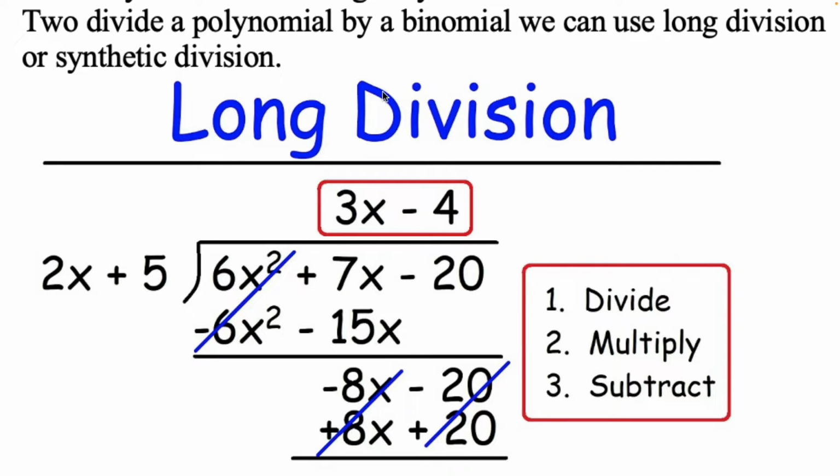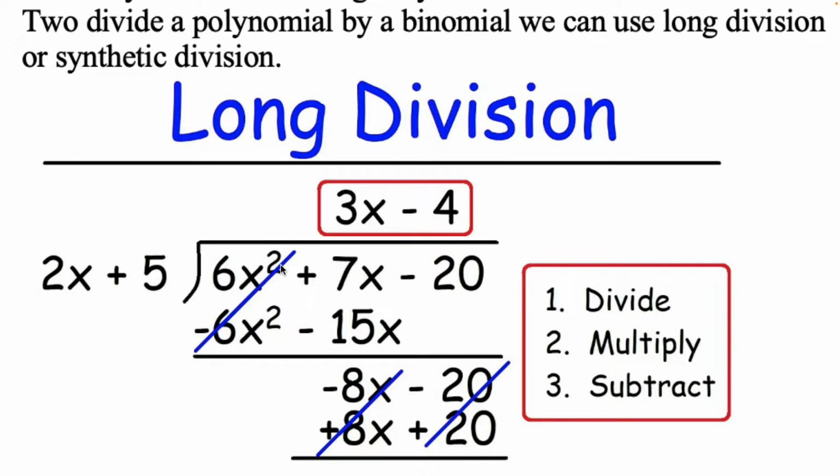All right, so when we're looking at long division, if I want to divide this trinomial, 6x squared plus 7x minus 20, by this binomial, which is 2x plus 5, I set it up just like this. So it looks a lot like a regular division problem.